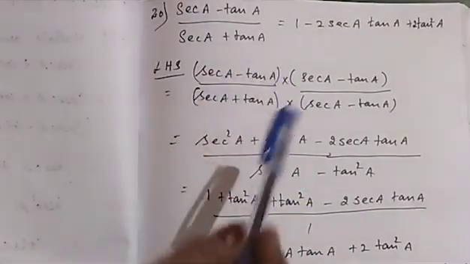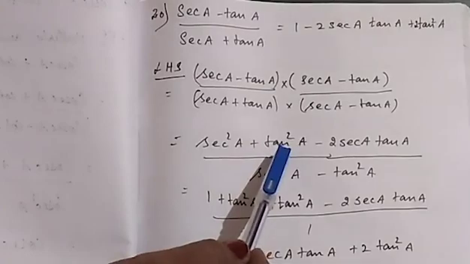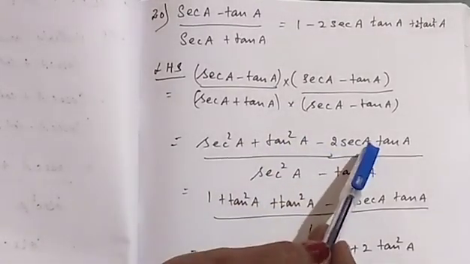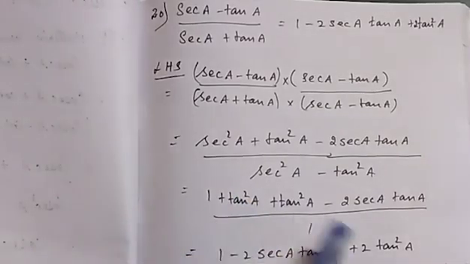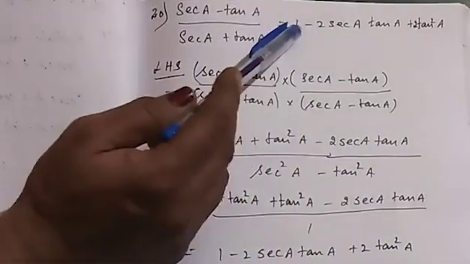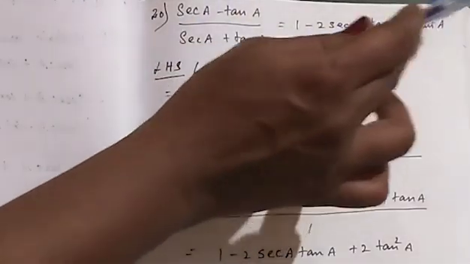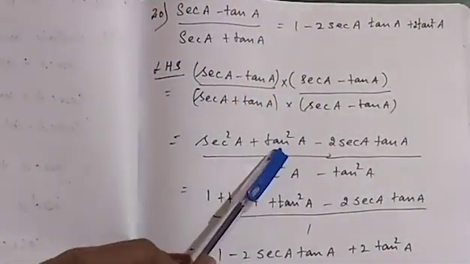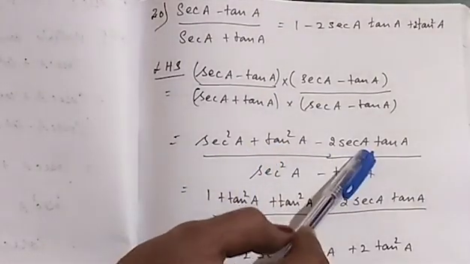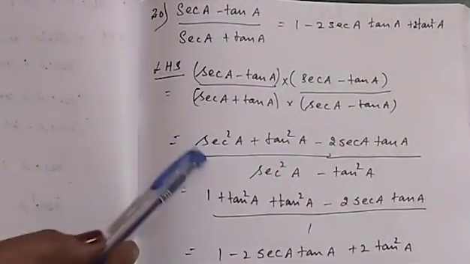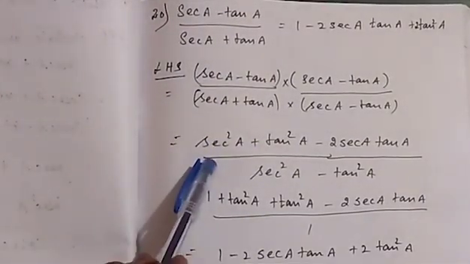Now, in the numerator, you will get secant squared A plus tan squared A minus 2 secant A tan A. Okay. So, now, see here 1 minus 2 secant A tan A plus 2 tan squared A. I have only 1 tan squared A. Okay. 2 secant A tan A I have. But I don't want secant squared A. So now you have to think.